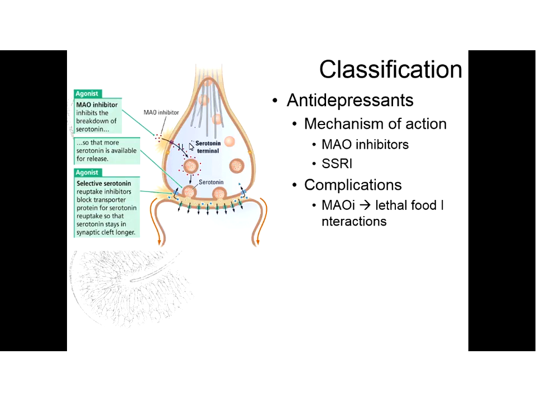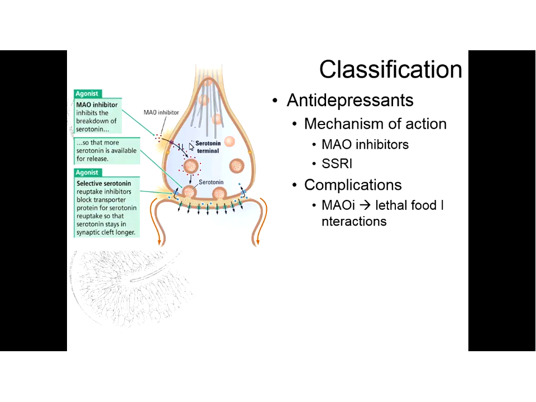One important complication with MAO inhibitors is that they can be absolutely lethal when combined with certain foods. If you eat a certain food while on these MAO inhibitors, it will kill you. That is not something you want to give to someone who has thoughts of suicide, especially because these antidepressants often take 2 to 3 weeks before they become effective.